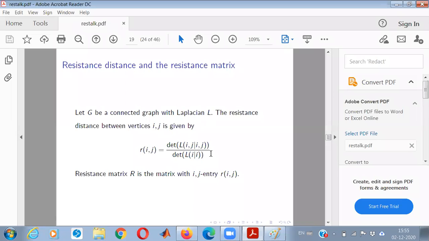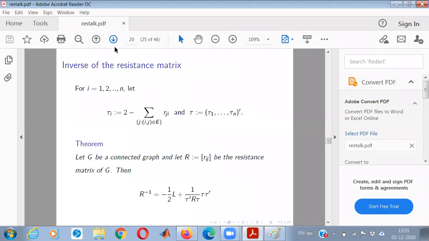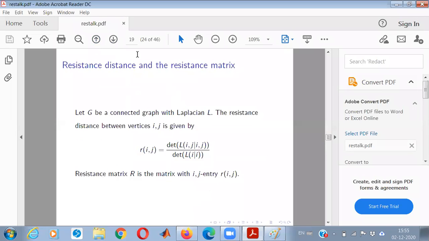By the matrix tree theorem, all cofactors of the Laplacian are equal, and that common value is the number of spanning trees. So what you see in the denominator is actually the number of spanning trees. So this is one linear algebra definition, and I think I can give one more definition using the Moore-Penrose inverse, which will come a bit later. And there are other definitions.